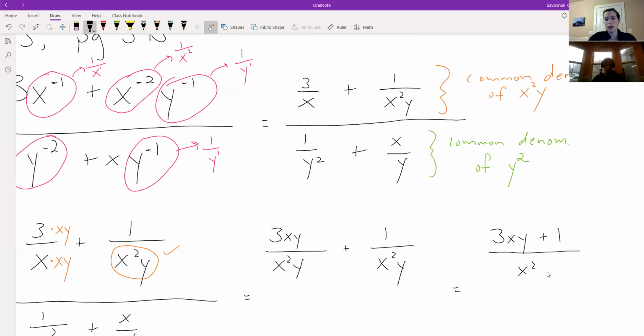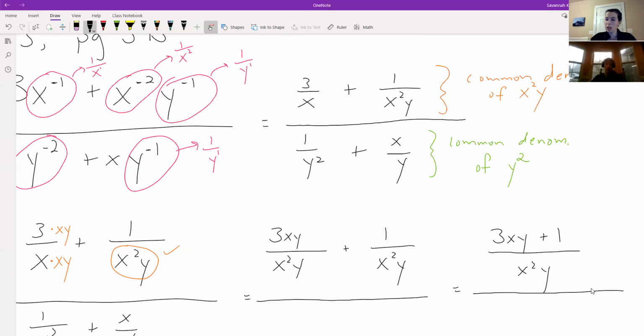Okay, and then you've got this. So that's as far as we can get with the top couple of fractions. We've identified their common denominator. We've made sure both individual pieces have that common denominator. We've added them together, and we know that still we've got big fraction line, big fraction line.